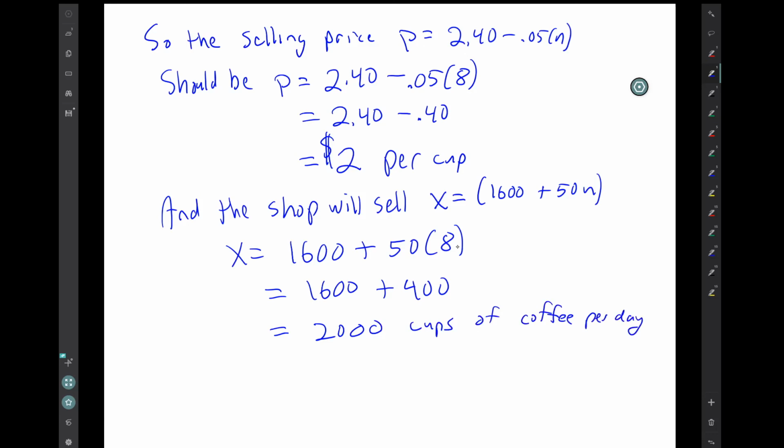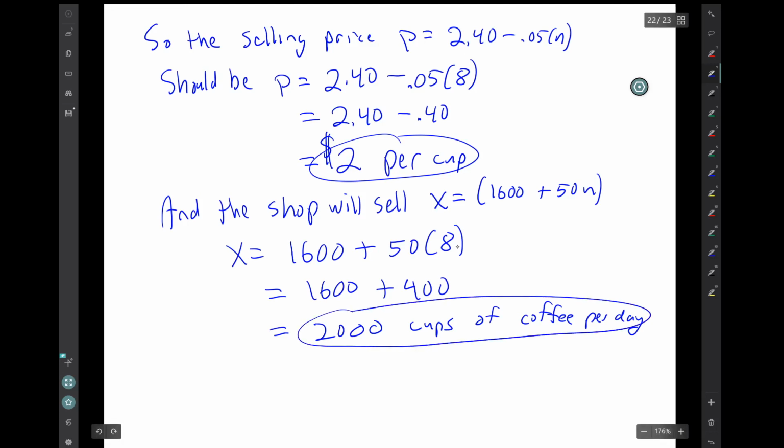So the selling price should be $2 per cup, so lower the price per cup quite a bit. The demand, the number of cups of coffee sold per day, will go up to 2,000.